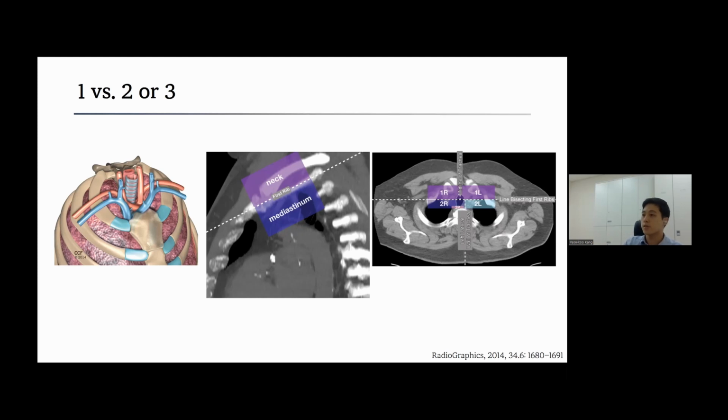In the sagittal section of the figure 2, the first rib and the lung apex can be the landmark of the boundary between station 1 and 2 or 3. As you can see, thoracic inlet has an oblique plane superior posterior to inferior anterior.